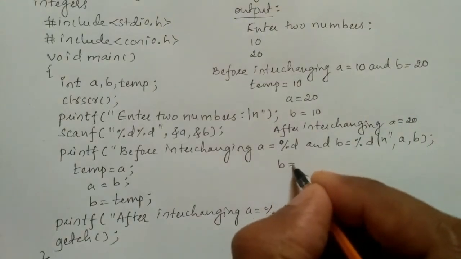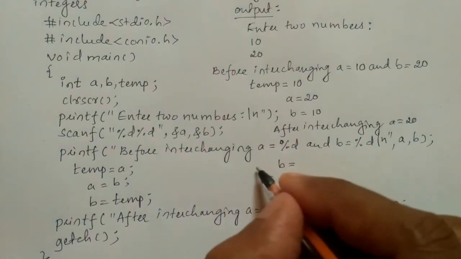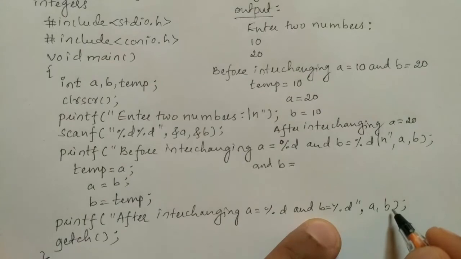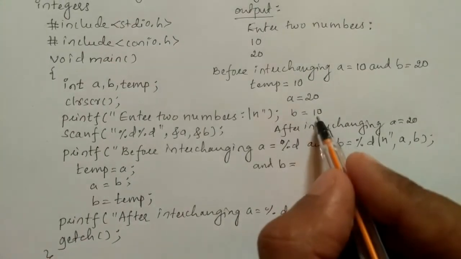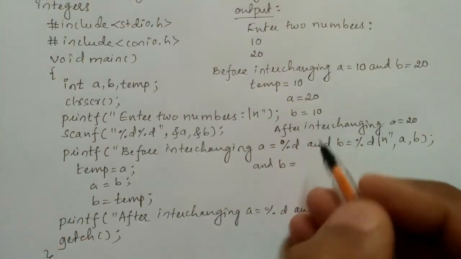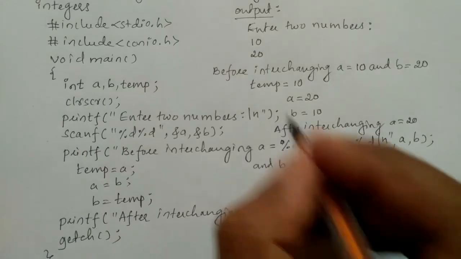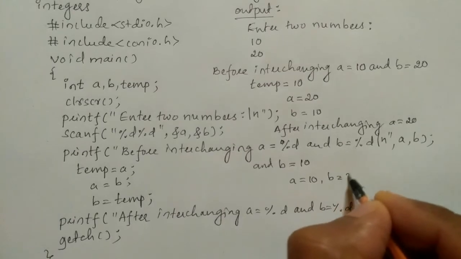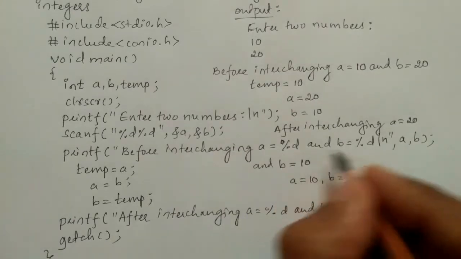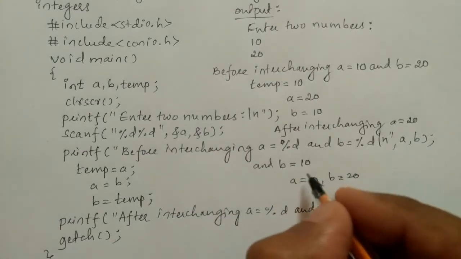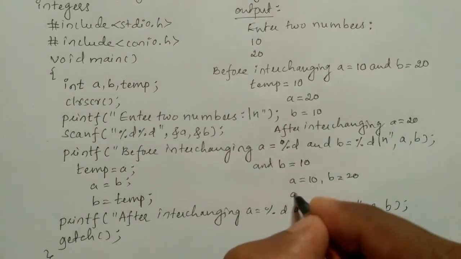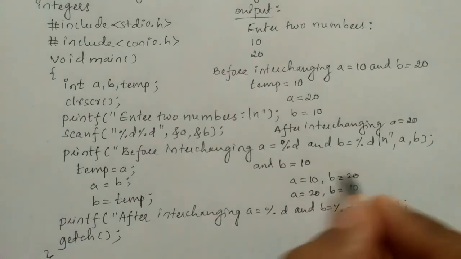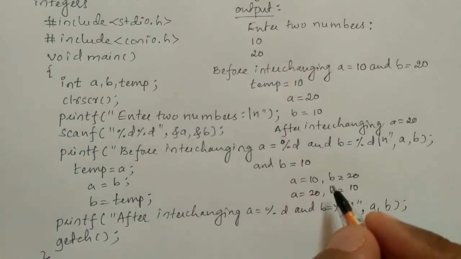Here B is equal to %d associated with value B. What is the value stored in B now? Now it is 10. Earlier A is equal to 10 and B is equal to 20. Now you can see here A value it is printing 20, A is equal to 20 and now B is equal to 10. So it is interchanged or swapped.